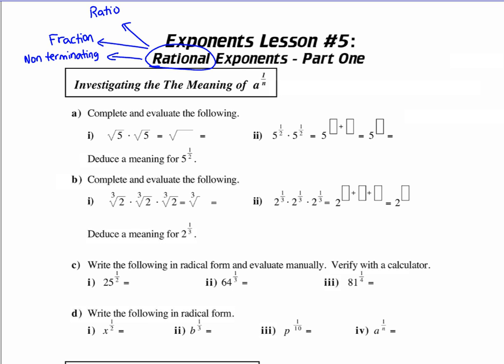Or, no, sorry, rational is terminating. So terminating or repeating decimals can be written as fractions.